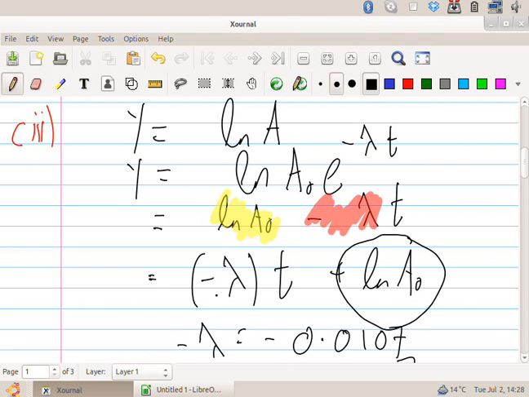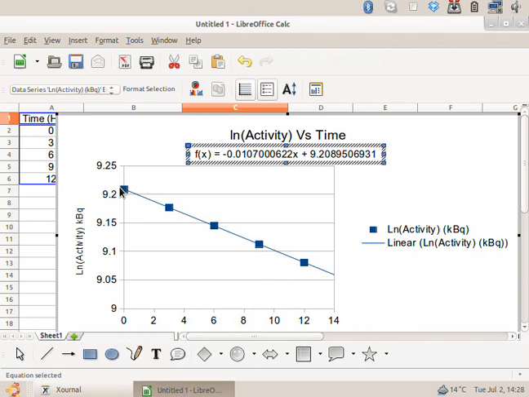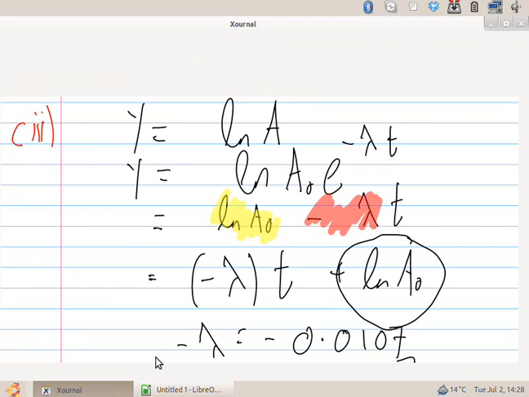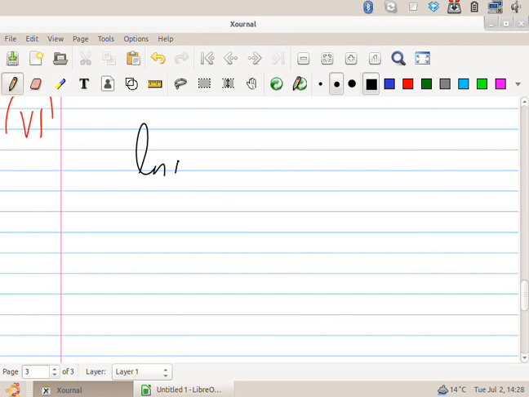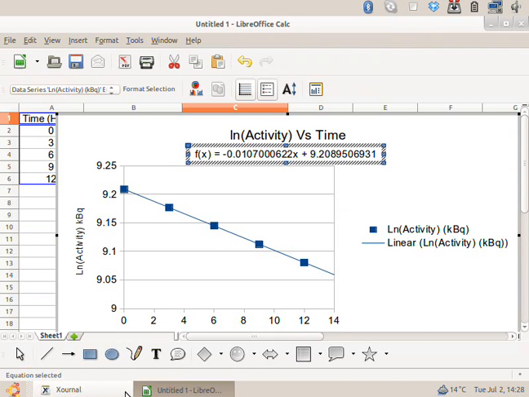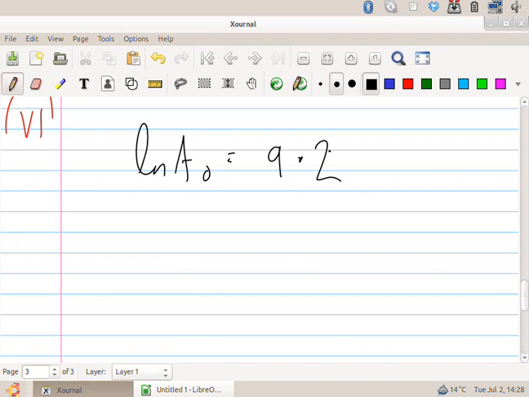So if I go to my graph, the C is 9.2, about. Okay? So I have log A0 equals 9.2. Well, let me give it a bit more, 9.209.